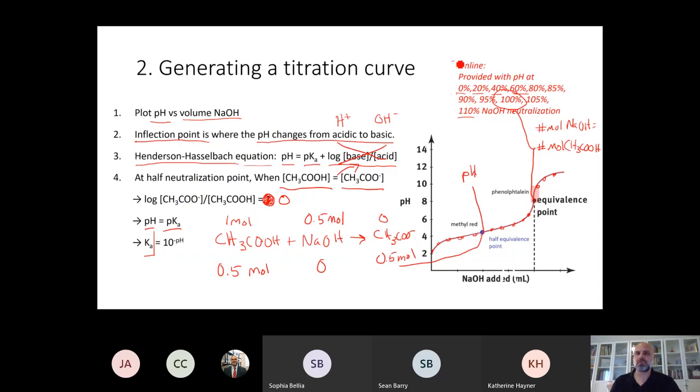It's a half neutralization method, but we had to do a full titration in order to get the data, because you can notice here, we never had a 50% point. There was never a point at which we actually had 50%. So when we get the pH, we're pulling the pH off of the graph from the full titration curve.